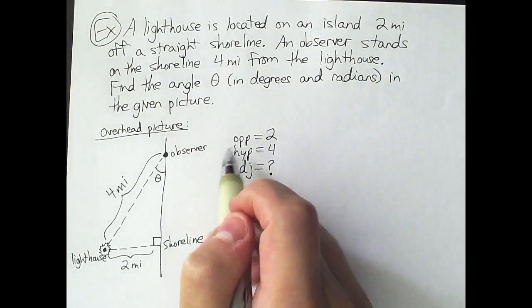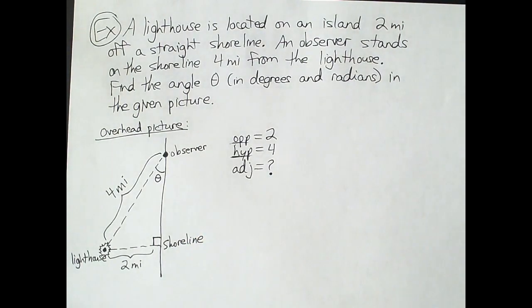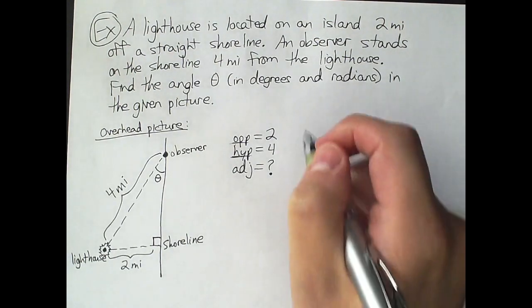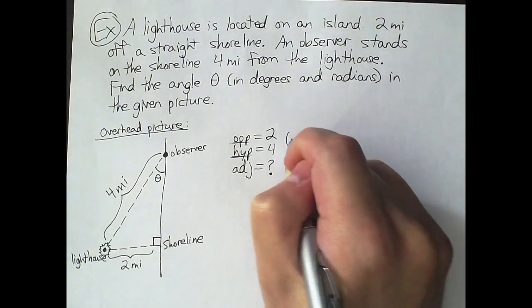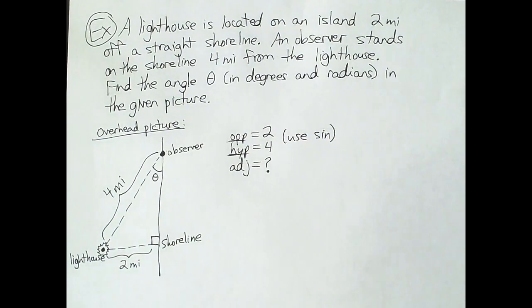We have opposite. We have hypotenuse. So I'm thinking of the 3 major trig functions, sine, cosine, and tangent. I'm thinking which one works best with opposite and hypotenuse. And I think we should use sine. So some of the problems that we did today used cosine. Some of them used tangent.